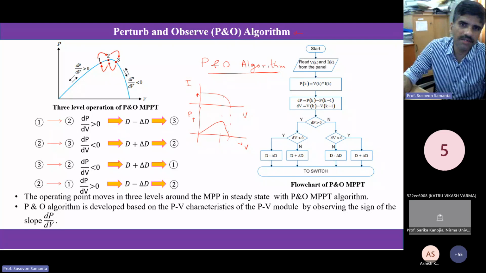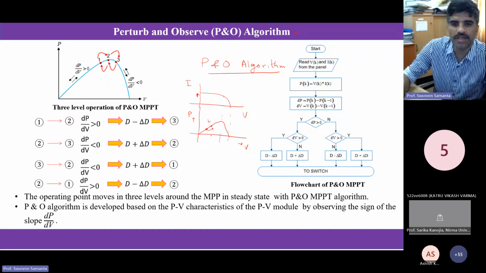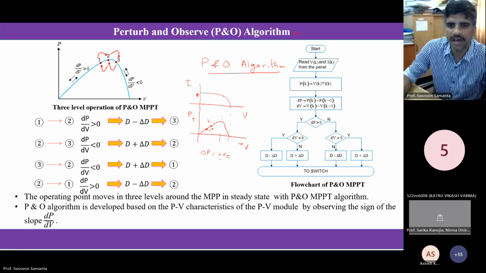Now, interestingly, if you look at the left side of this curve, the slope is always positive. And on the right side, the slope is negative. If I want to move from this point to this point, then the difference in power is positive, and the difference in voltage is also positive. So dP is positive and dV is also positive.